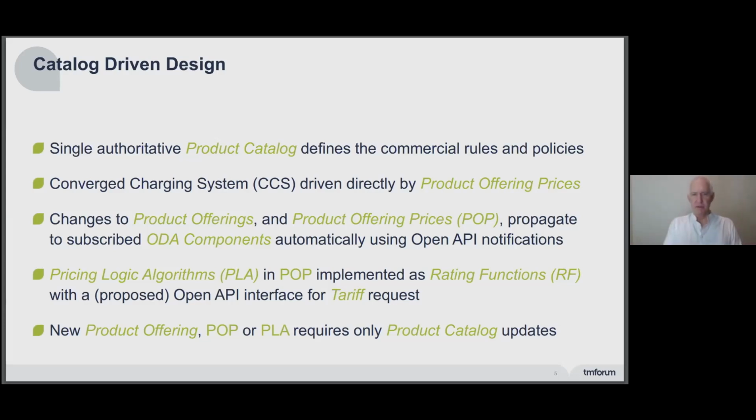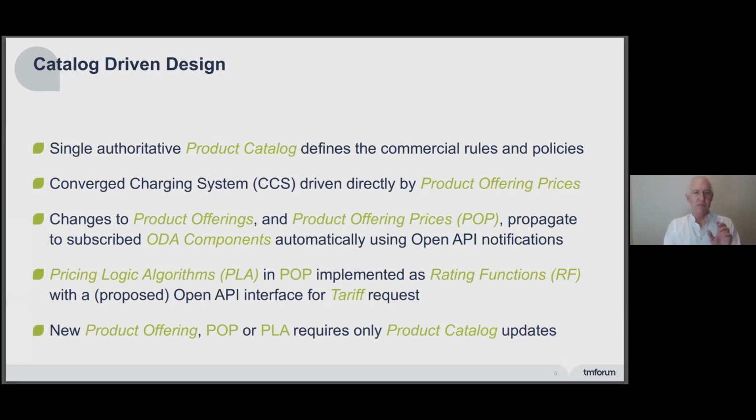And then another part of what we're doing here is the product offering price has always been able to define a pricing logic algorithm that is used for more dynamic and extended pricing models rather than a simple unit rate, which could be contained within a product offer price.